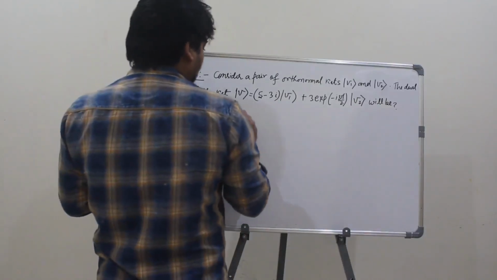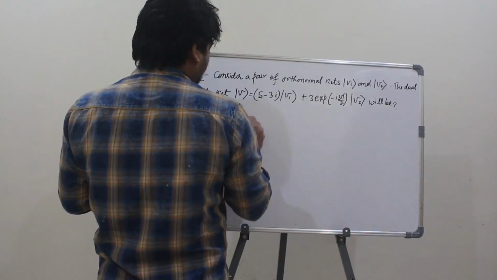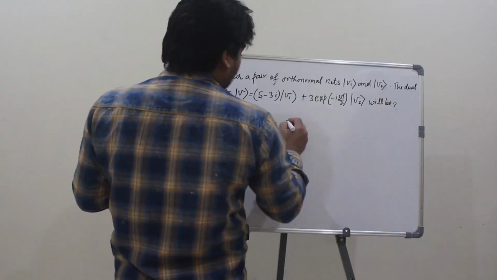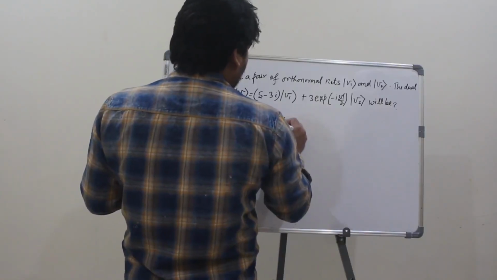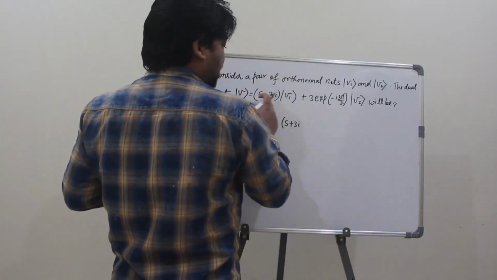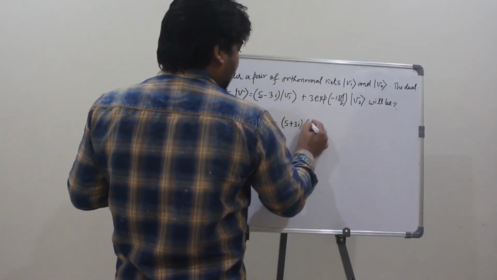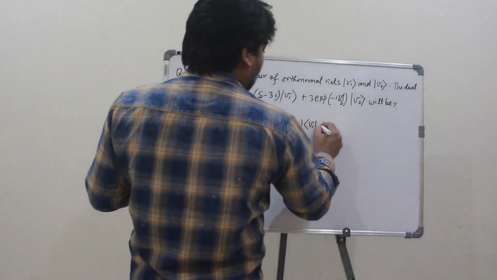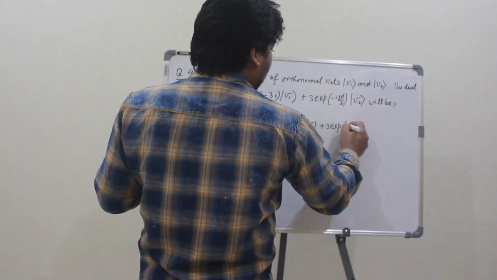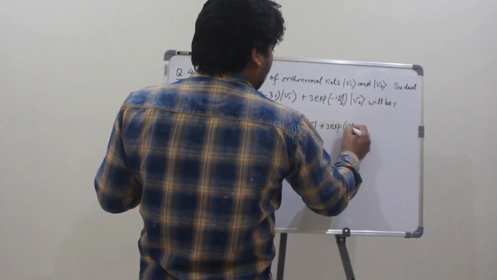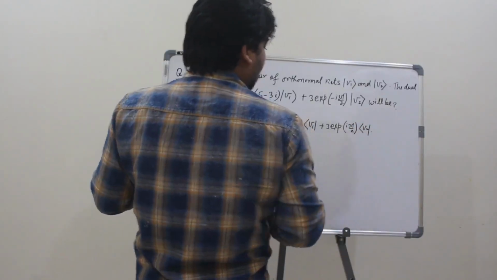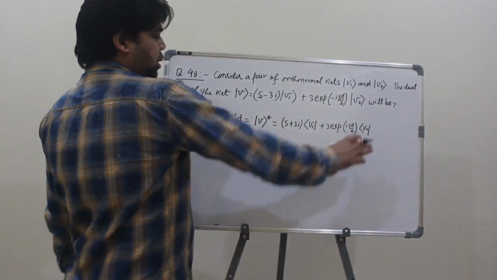So the dual will be V star. Just take the complex conjugate. So minus 3i will become positive, this becomes bra V1, and this remains the same, and this becomes positive i 3 pi by 2 with V2. Right?